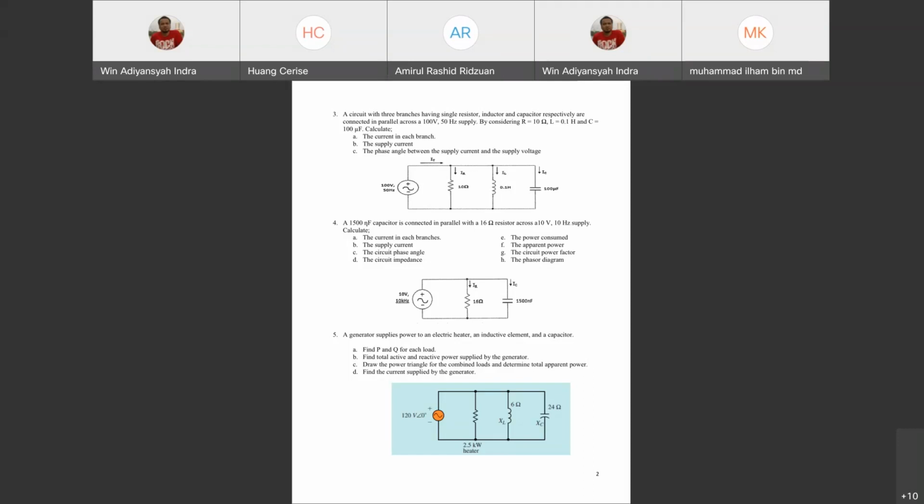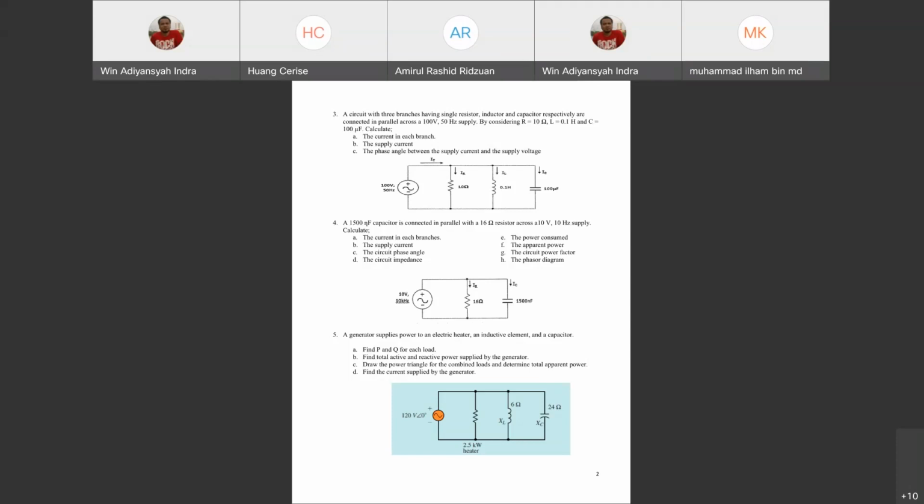Consider R, resistor value of 10 ohms, inductor value 0.1 Henry, and capacitor 100 microfarad. Calculate the current in each branch.